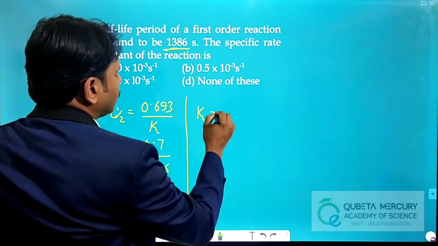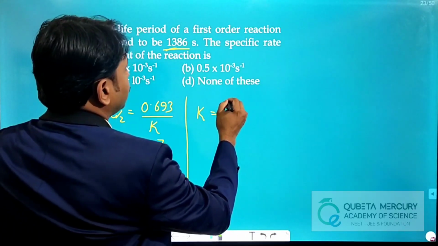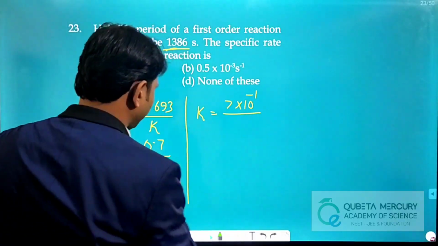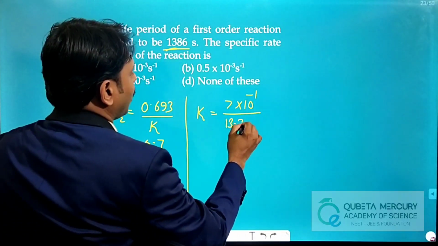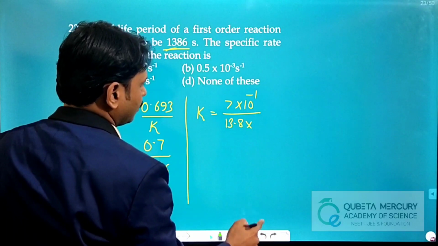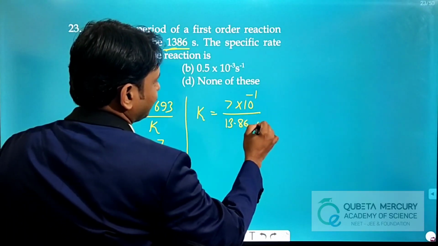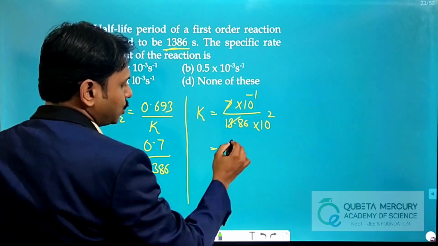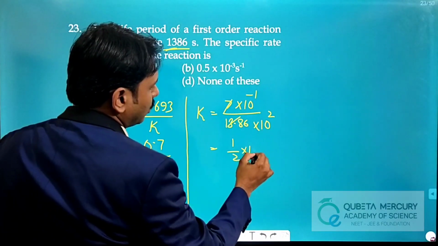K equals 7 into 10 raised to minus 1, that is 0.7, divided by 13.8 into 86 into 10 raised to 2 for basic mathematics. So this is 1 by 2, 1 by 2 into 10 raised to.